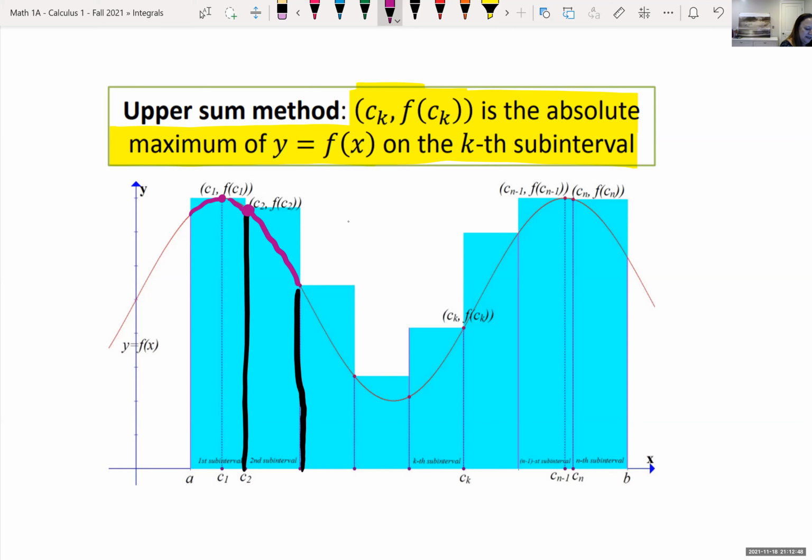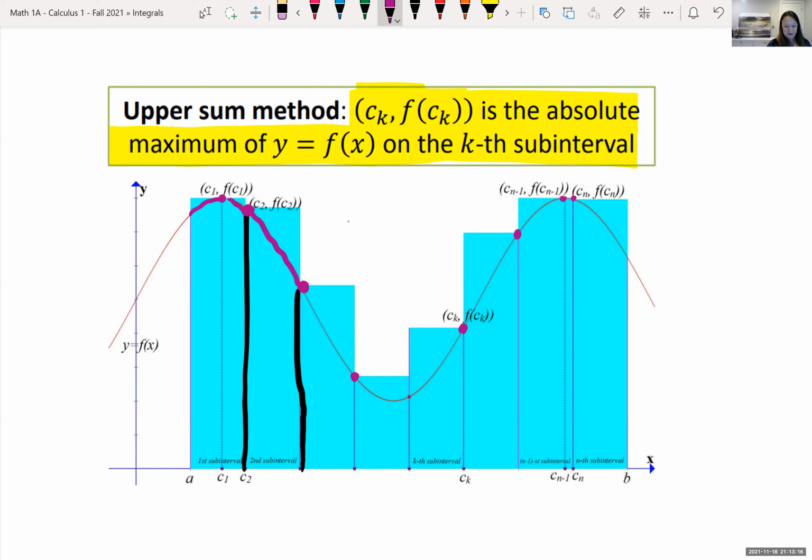If I'm looking at the third one, that would be at this endpoint, it's the highest point. It's the highest point on the next one, and we can continue on. For this rectangle right here, this is the highest point. This one's the highest point. And so we're getting the height by looking at the highest point of that rectangle. And that's the upper sum method.